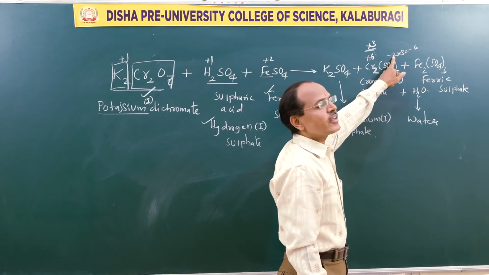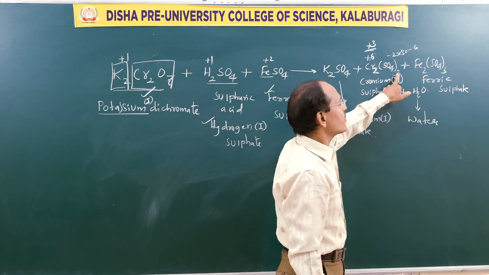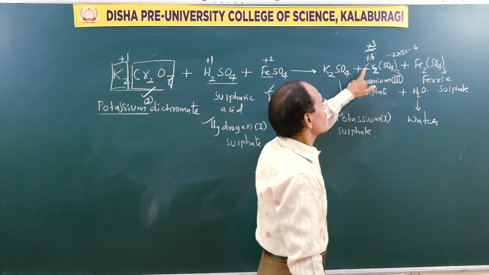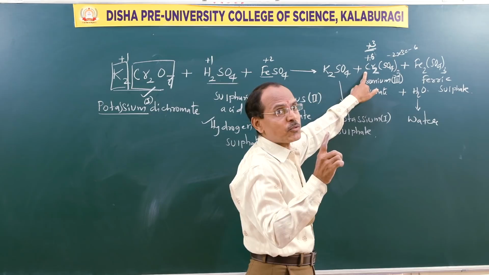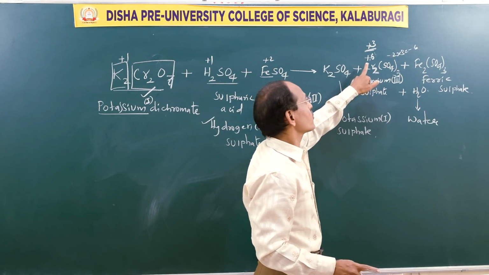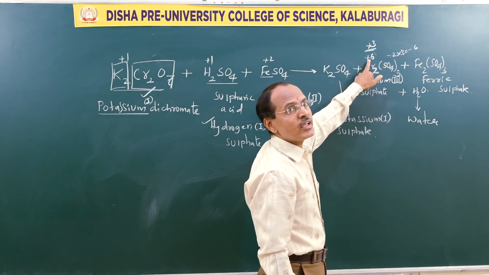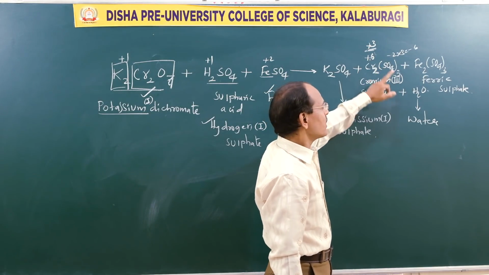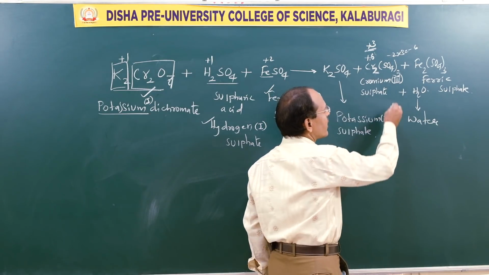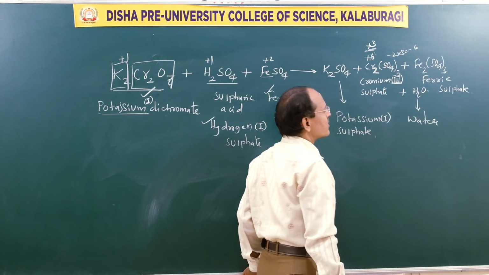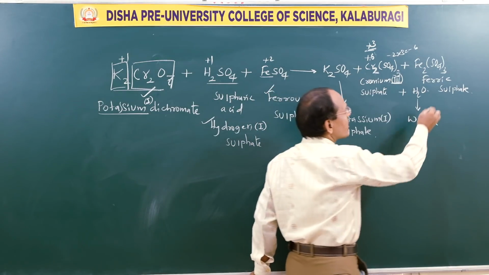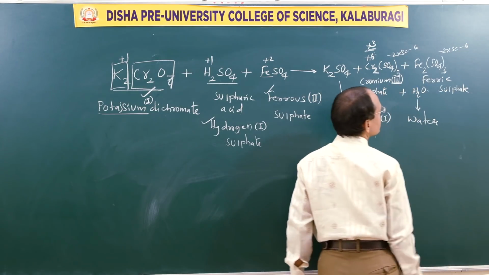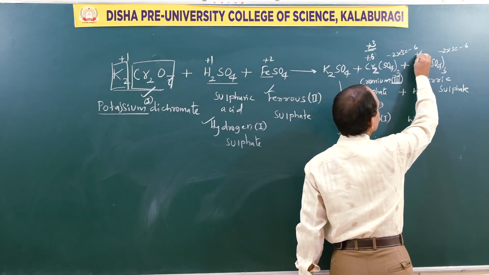I'll repeat, concentrate here. Sulfate, as you know already, is -2. There are 3 sulfate ions, so -2 into 3 is -6. The sum of the charges with opposite sign equals 0, so on chromium it should be +6 for 2 chromium atoms. For 1 chromium atom it is 3. So I can write chromium Roman 3 sulfate. And here sulfate is -2 into 3, -6, so it should be +6 again.